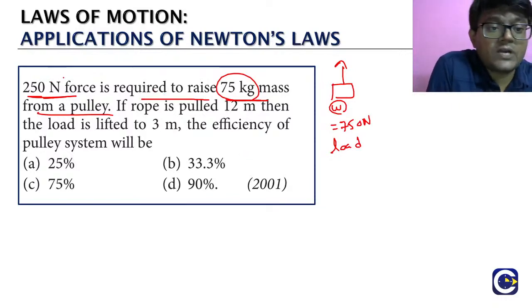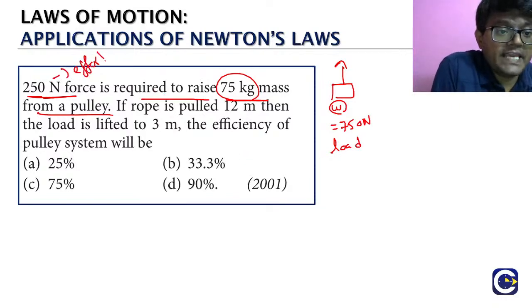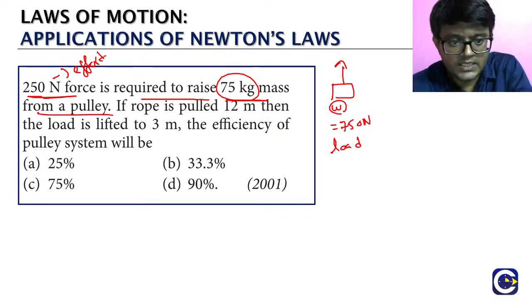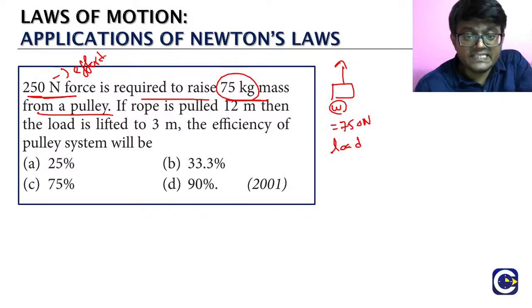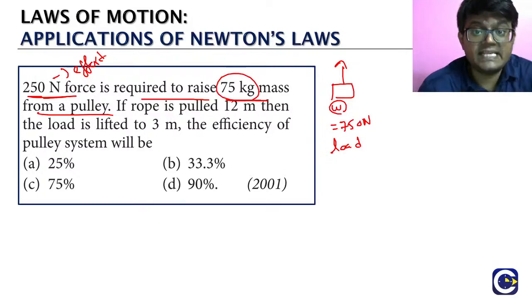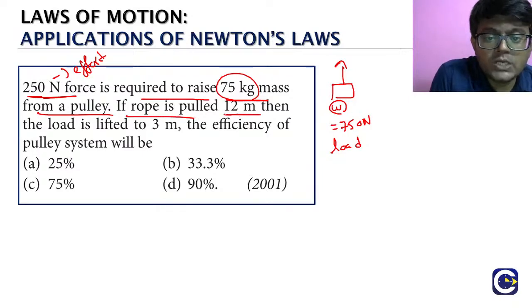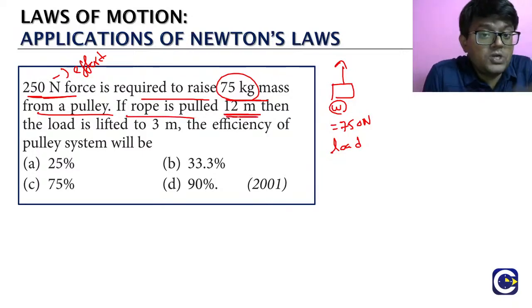250 Newton force is required. Is the effort. So நம்ம போட்ட effort என்ன? 250 newtons. We are trying to lift 75 kg. Means what is the load? 750 newtons. If rope is pulled 12 meters. Rope is pulled 12 meters means what?